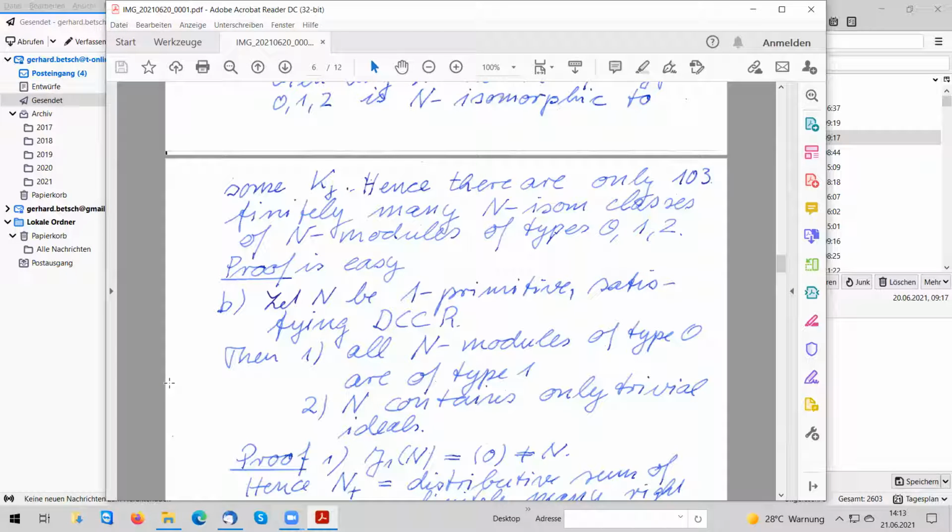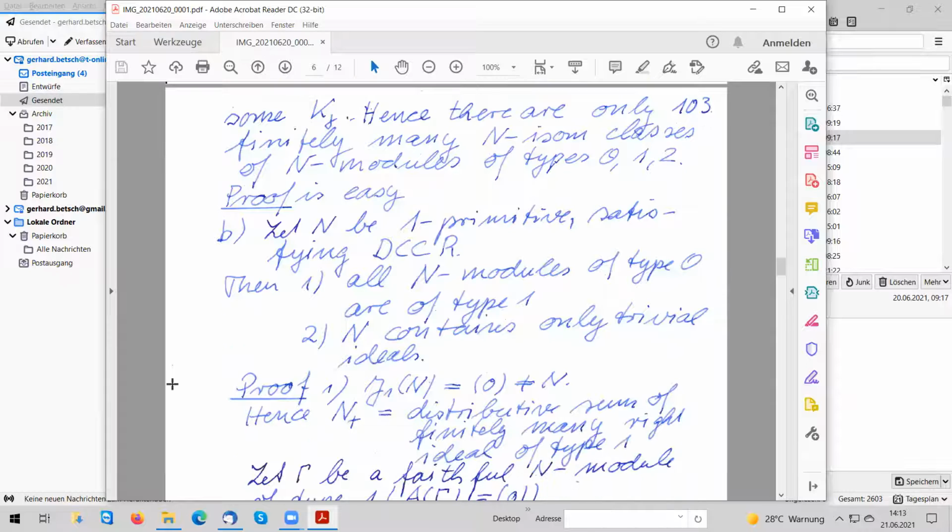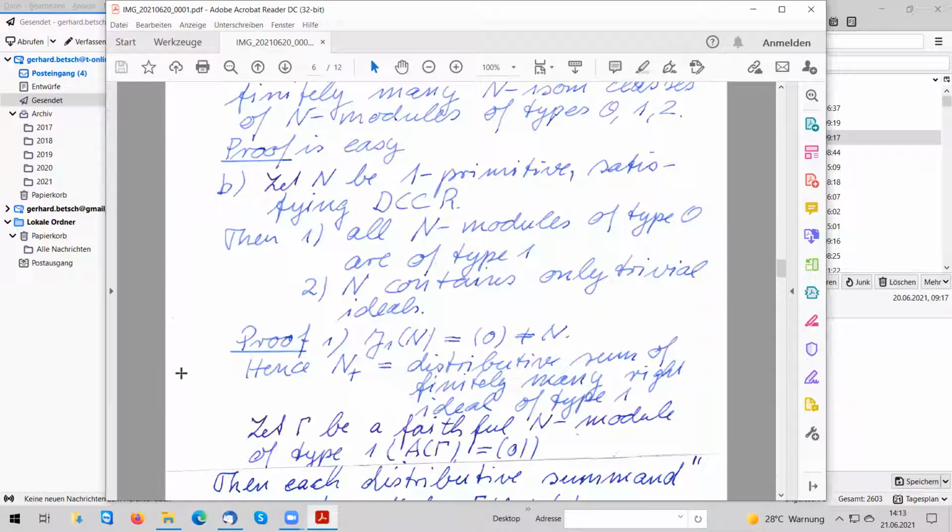And N contains only trivial ideals. What we assume means that J1N is 0, but not N. Hence, N+ is the distributive sum of finitely many right ideals of type 1.